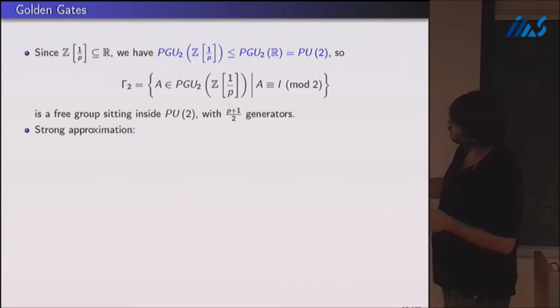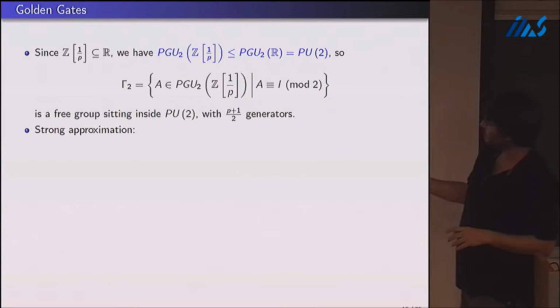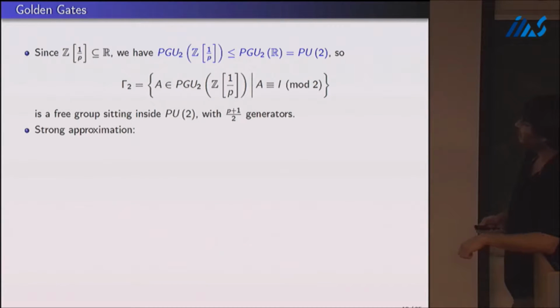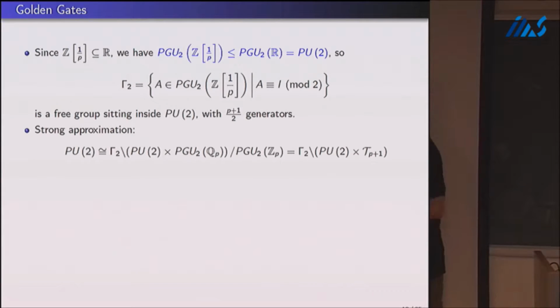So now you can look at gamma 2, which is the congruence subgroup of this arithmetic lattice, and you're getting a free group which sits inside PU2 on p+1 generators, and then they use strong approximation, which is this, to pass things from the p-adic view of this group to the real view of this group.